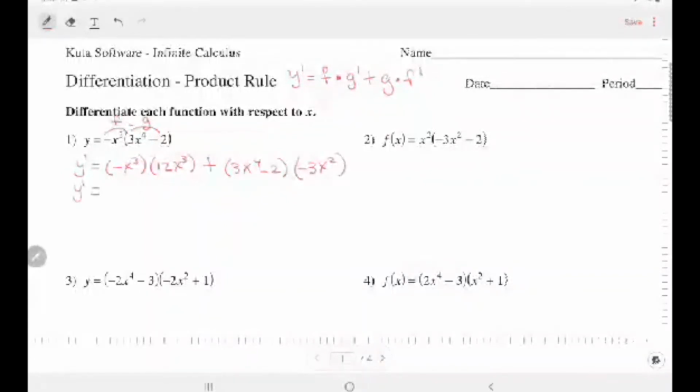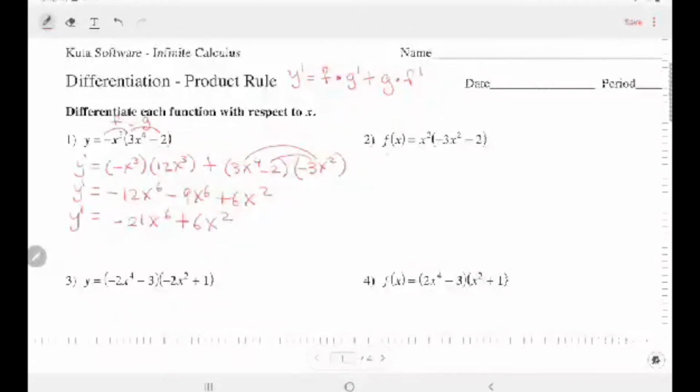Simplifying, you would have negative 12x to the sixth. Distribute, you would get 9x to the sixth plus 6x squared. Add like terms, you would get negative 21x to the sixth plus 6x squared.